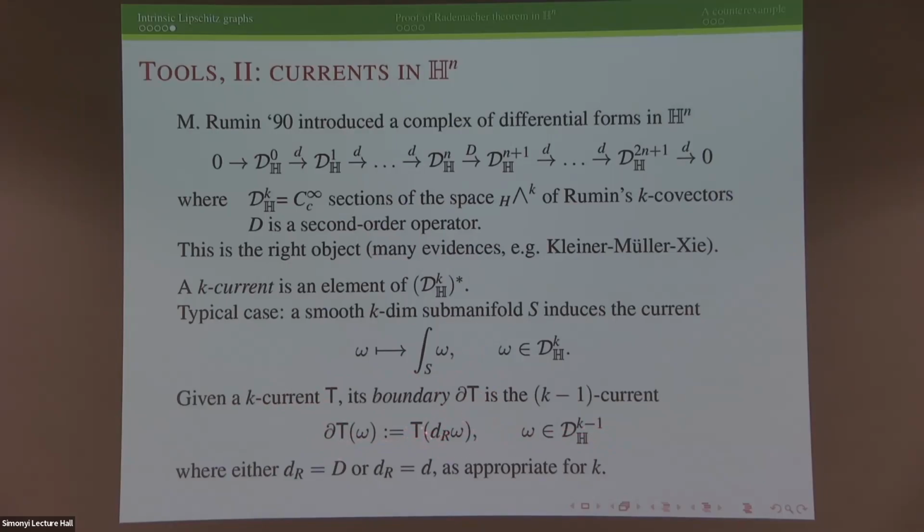Except that now, in Heisenberg, the differential we have to consider is the one which Rumin tells you. So either capital D or standard exterior differentiation d, depending on k. When k is n, you have to consider capital D, otherwise it's always d. Okay? So this is the boundary of a current.